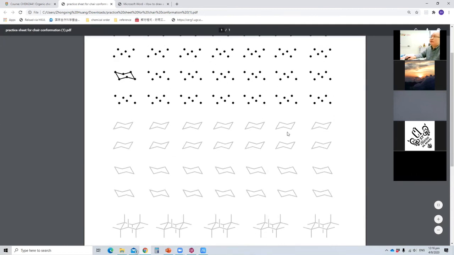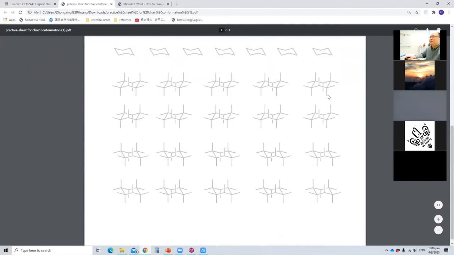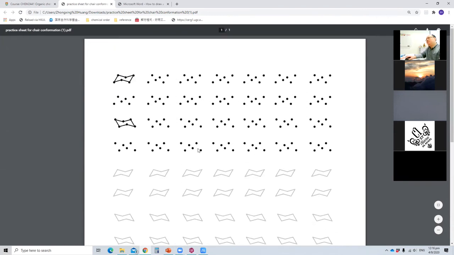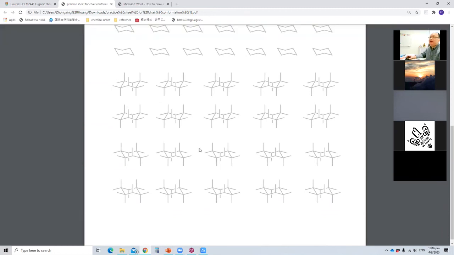Then I have those gray structures. You can just sketch on them, okay? So without the help of dots, you need to draw these. And the last part of this practice sheet is those gray structures, but with substituents on them. After you have sketched all of them and practiced, take out another white paper and try to draw without any of this help.